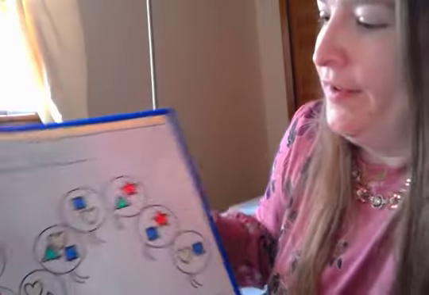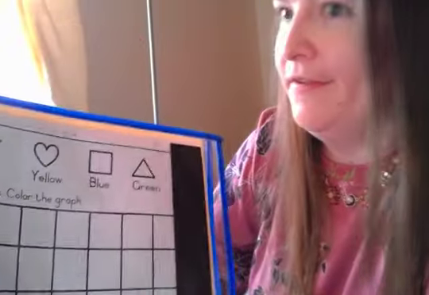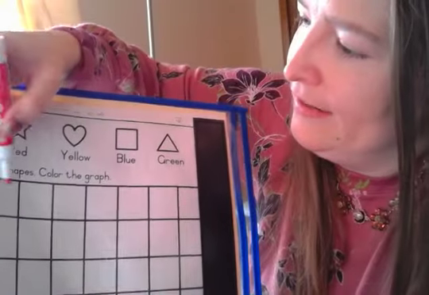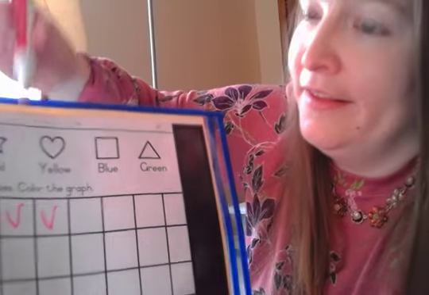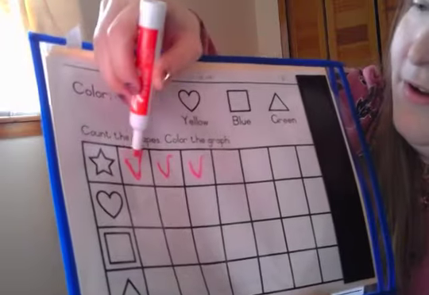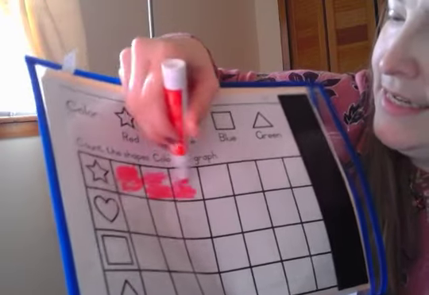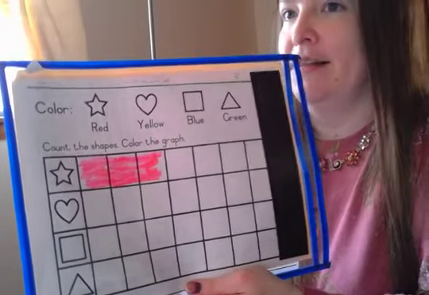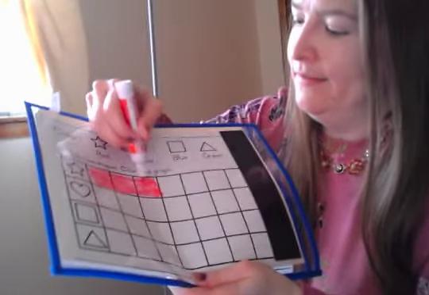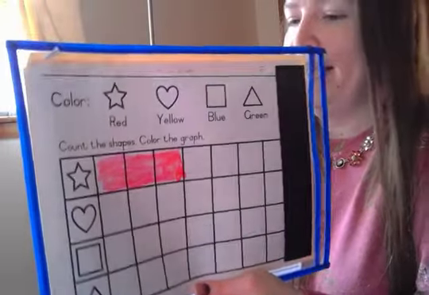Okay, so there were 1, 2, 3 stars, just 3 of them. So up here we're going to mark off 3 boxes. You can mark it with a check mark if you want. Make 1, 2, 3. Or if you want, you could make circles there or color it in. Just color in the box to show how far across it goes. So there's 3 boxes for 3 stars. Be careful not to go too far because that will mean that we have more stars than we really have.